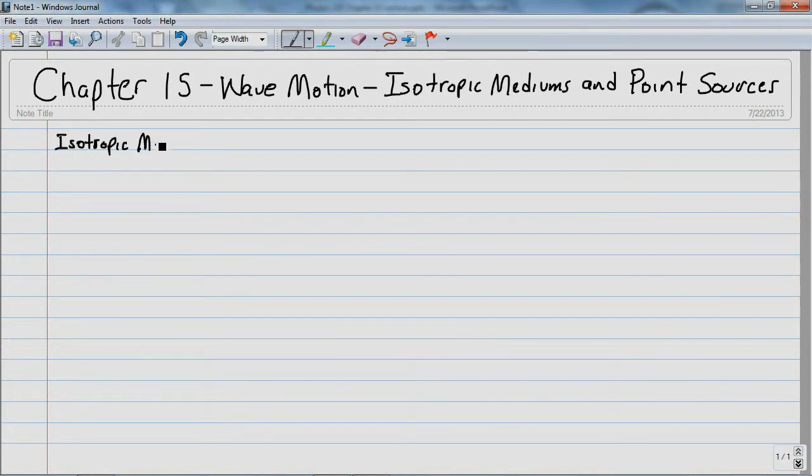And an isotropic medium just means that the density is consistent, or we can put it, does not change at any point.